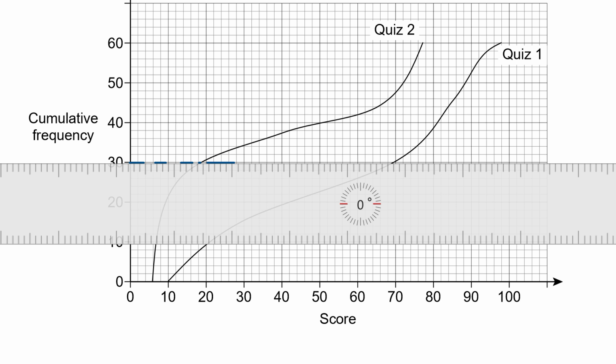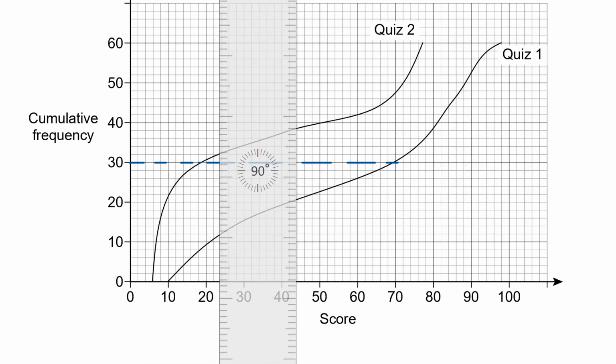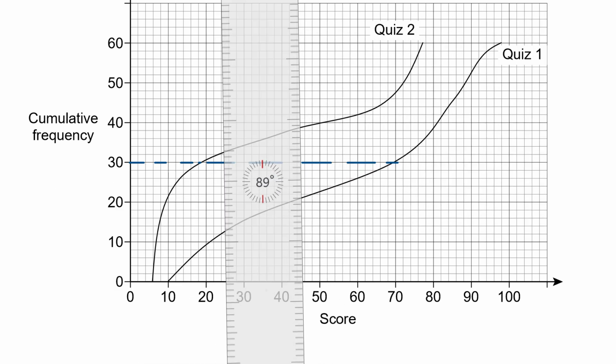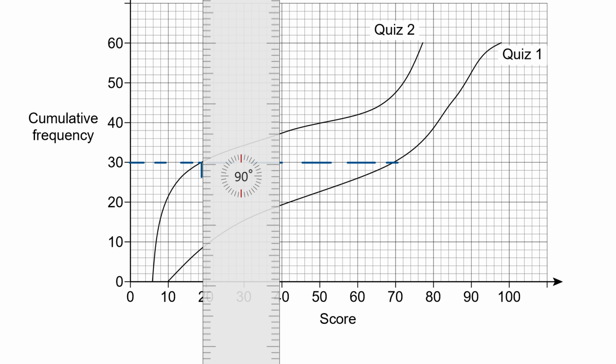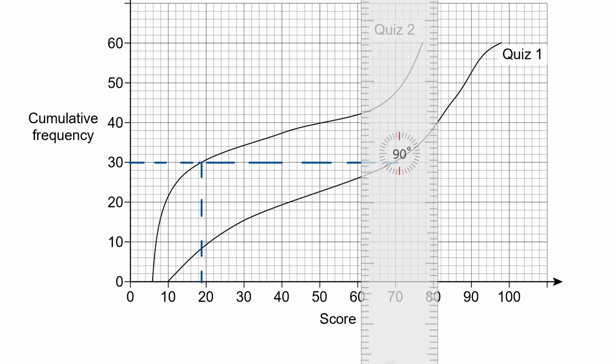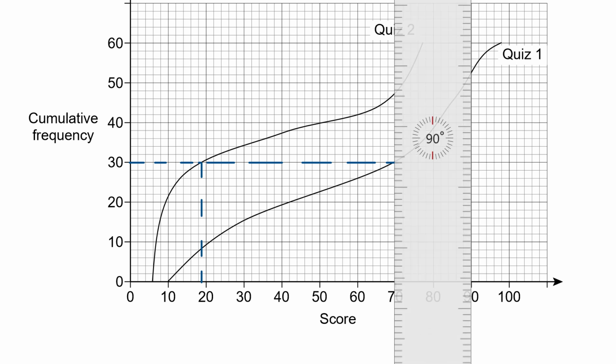So we've got two values that we can look up here. The median for the second test is there, look. And for the first test or quiz, it was up here.